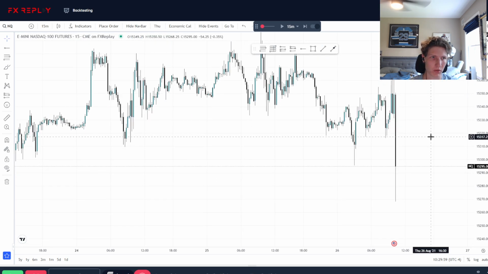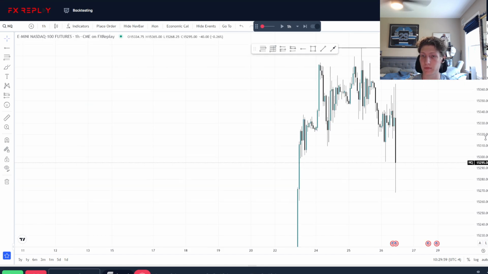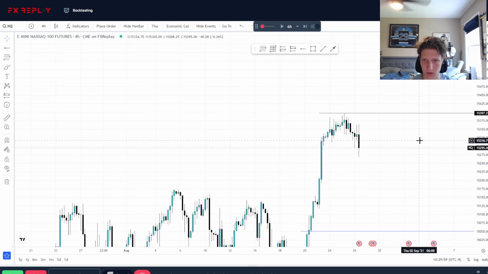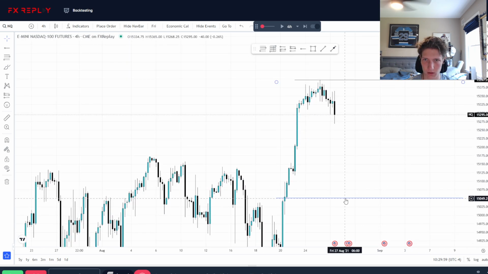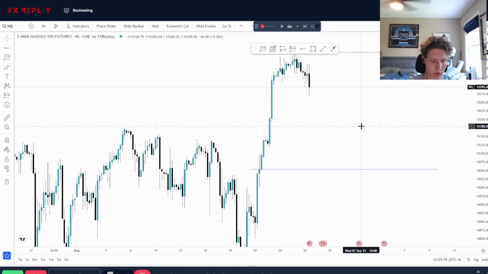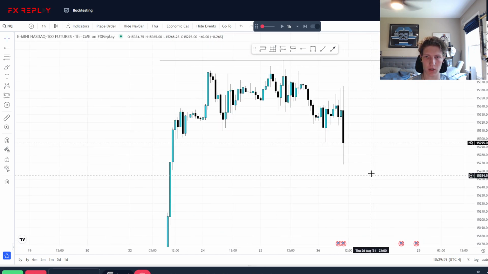Okay, so now it really swept, and now here's the deal. Let's see if we can get an entry here because everything is in alignment. We're still trading in a higher time frame PD array. I'm bullish.